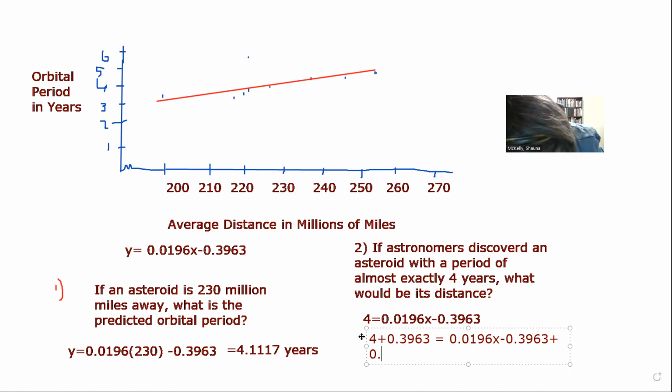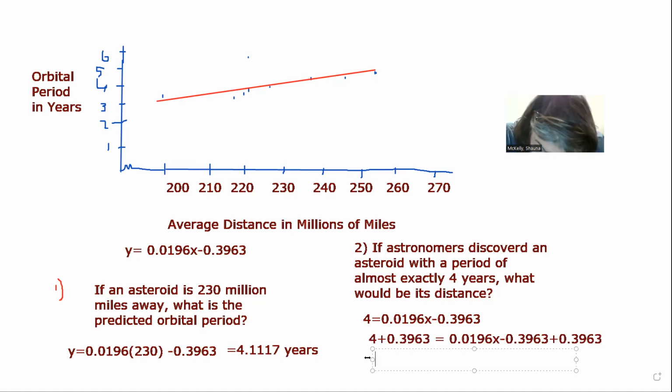It cancels out, right? These 0.3963s cancel each other. And I end up with 4.3963 is equal to 0.0196x.